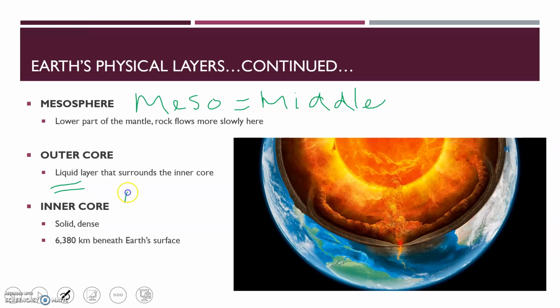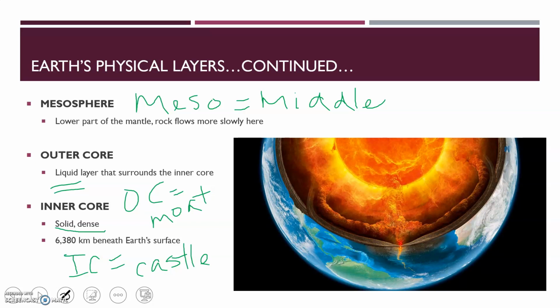The outer core is kind of like a moat, okay? And then the inner core, which is going to be solid, is going to be like the castle. Great way to remember it. And the inner core is about 6,380 kilometers beneath the surface that we walk on.